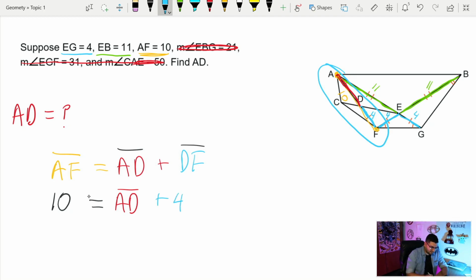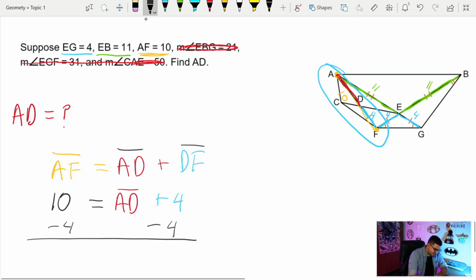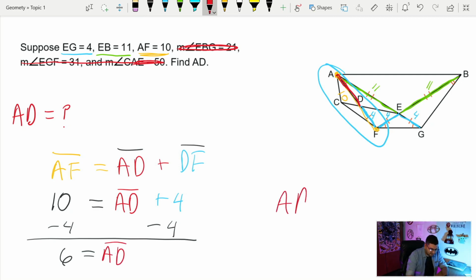So based on this equation, I can actually solve for AD. It's a simple one-step equation where all I have to do is subtract 4 from both sides. And I find out that AD actually has the length of 6, because 10 minus 4 is 6. So now I know that AD equals 6.